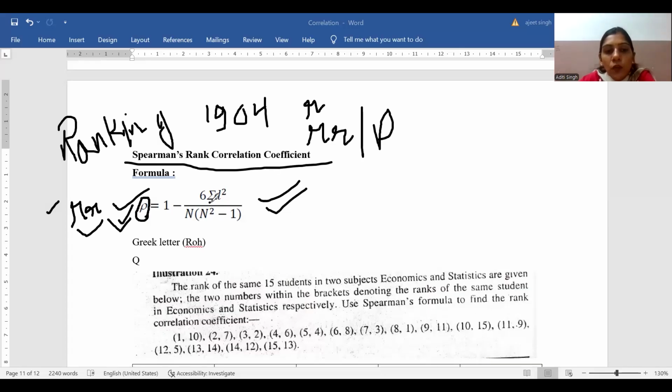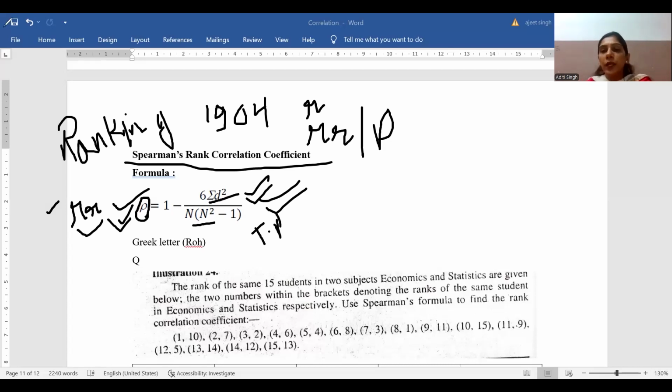Sum of d square is the sum of squared differences of rank of each pair of observations. So the ranks which are given, suppose rank x and y are given, this is the difference for each pair of observations in the given variables. n is basically the number of pairs, the total number of pairs.